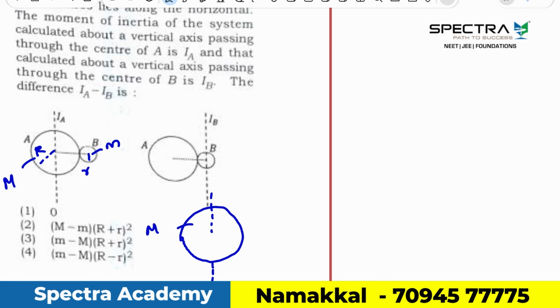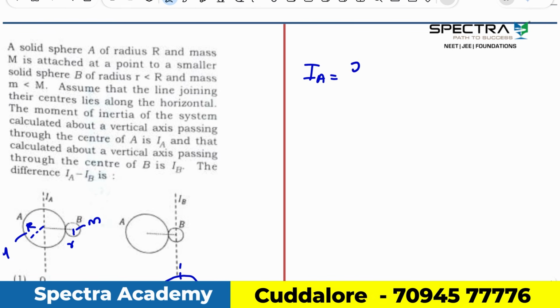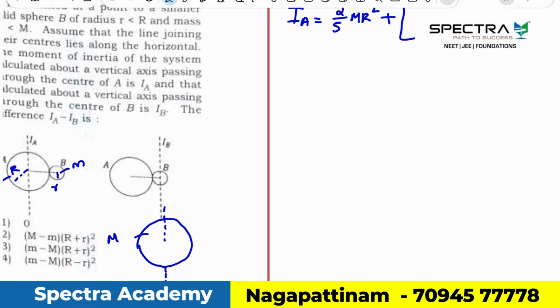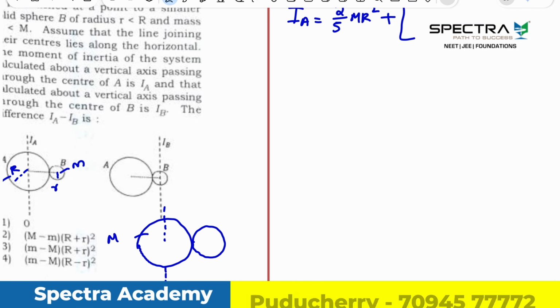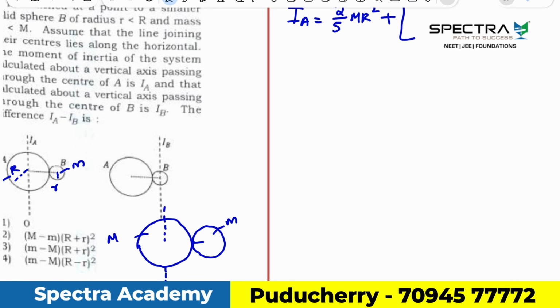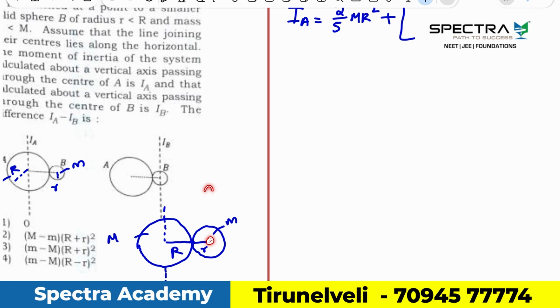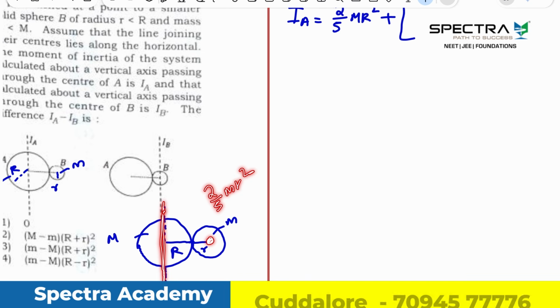See, if it is a normal solid sphere, this will be like 2 by 5 MR square. Now, in addition to it, there is another small solid sphere here whose mass is small m and this distance is small r, so this distance is capital R. Okay, so about this axis I can tell it is 2 by 5 m small r square, but about this axis if I need, I will have to apply parallel axis theorem.